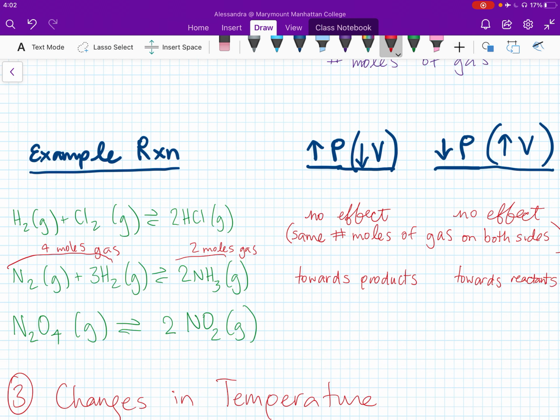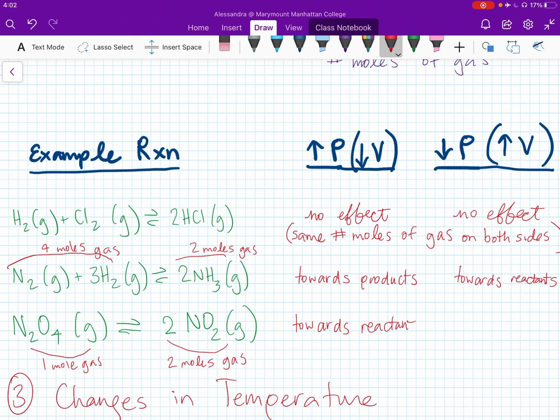Now, in our final example, I have 1 mole of gas on the left and 2 moles of gas on the right. So if I increase the pressure and reduce the volume, I shift to the side with fewer moles of gas. And in this case, that's going to be towards the reactants, to the left.